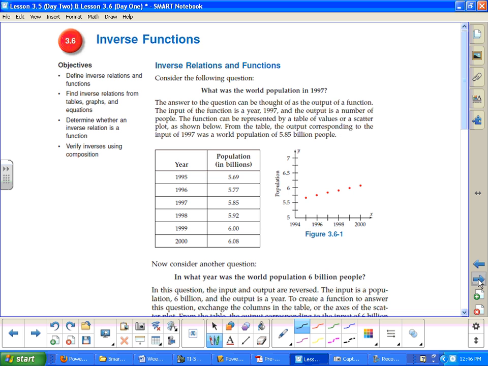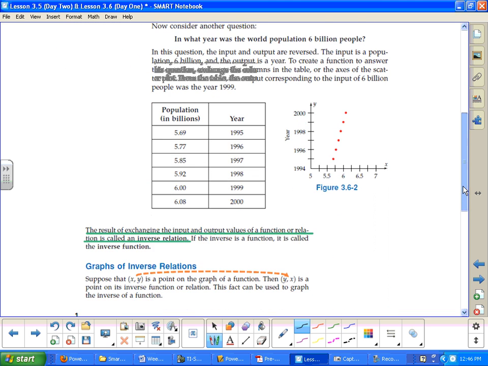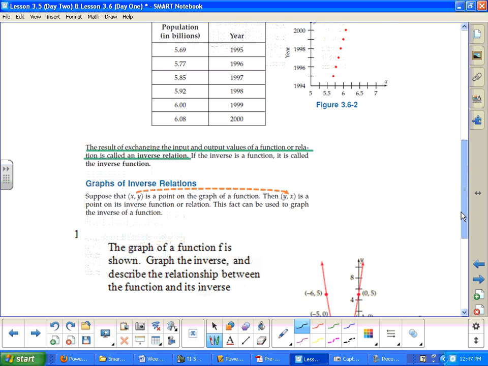So we would end up setting up a function or an equation that would find the year when we know the population. Well, we know how to do that. We've done problems like that before where we just graph them or solve logarithmic problems if we end up in those situations. So we're going to look at doing inverses.